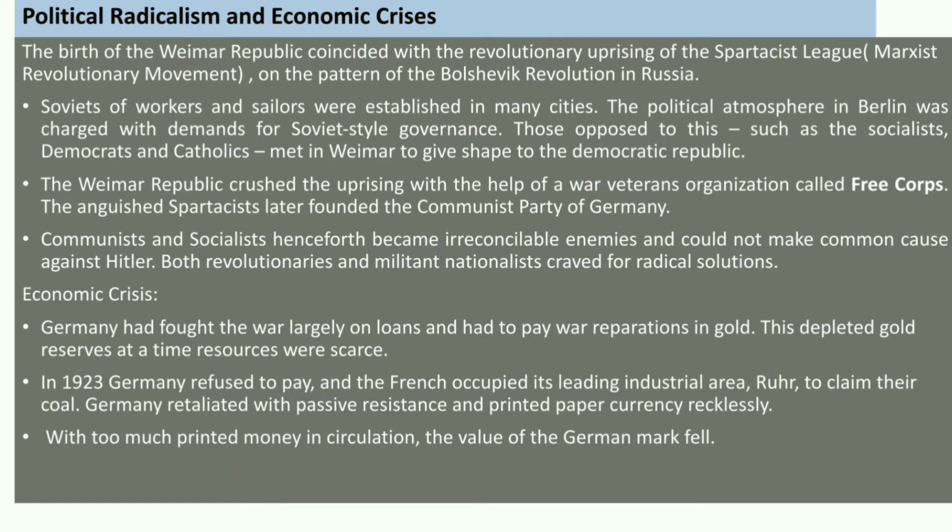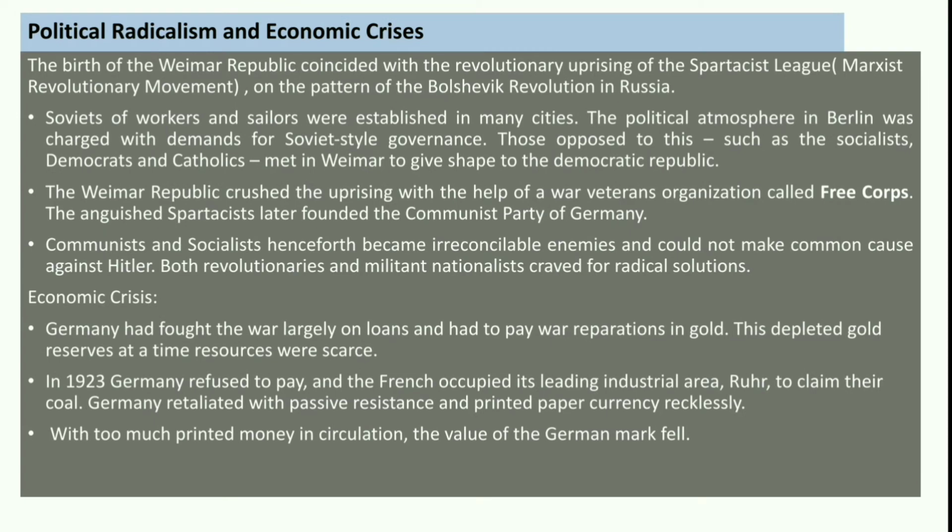The anguished Spartacus later founded the Communist Party of Germany. Communists and socialists henceforth became irreconcilable enemies and could not make common cause against Hitler. Both revolutionaries and militant nationalists craved for radical solutions.